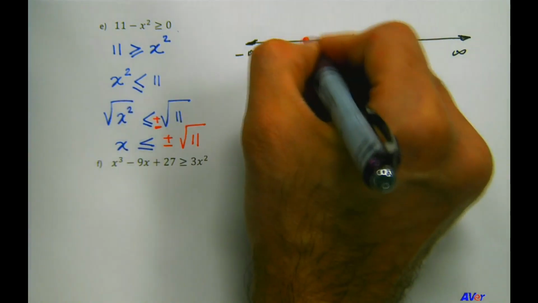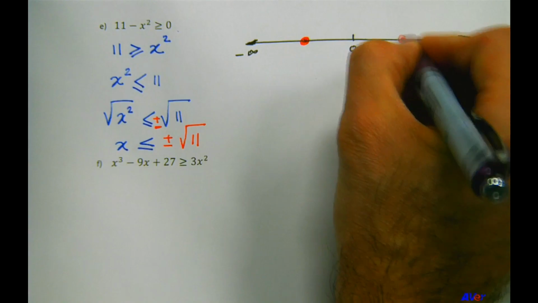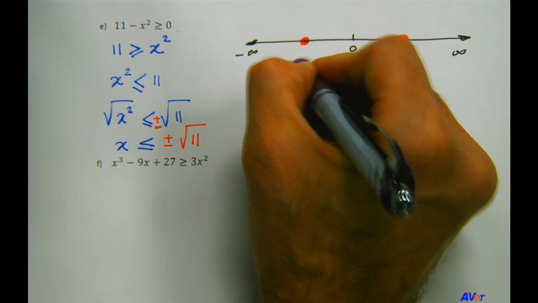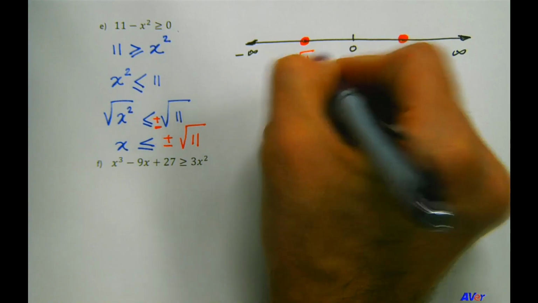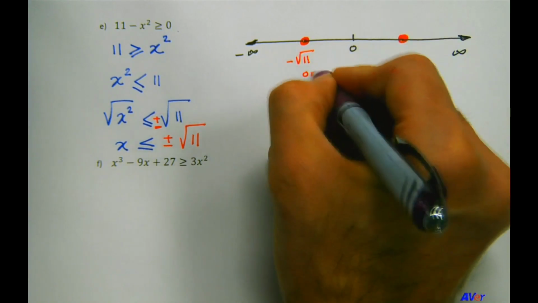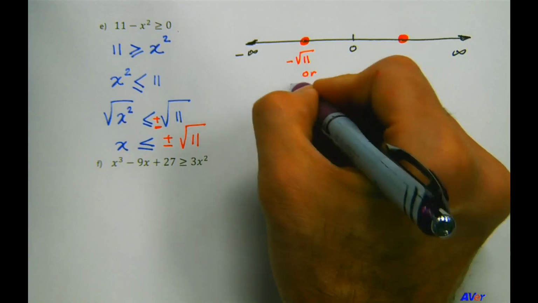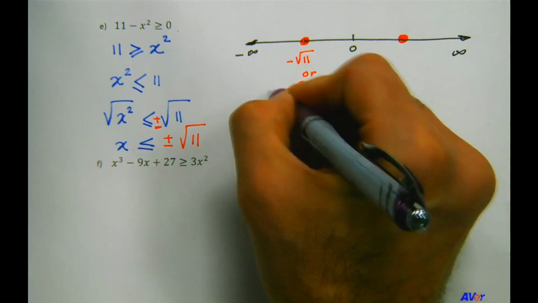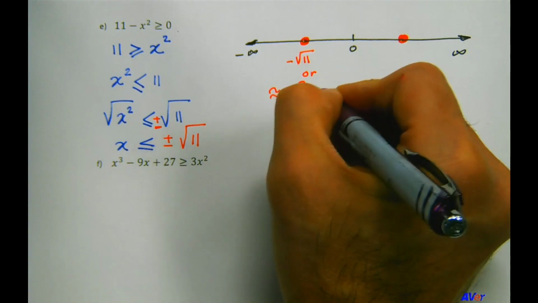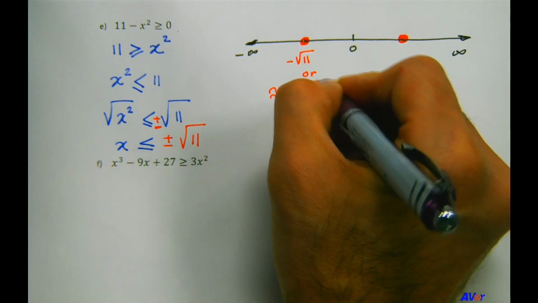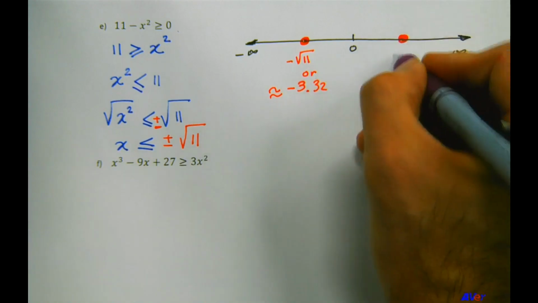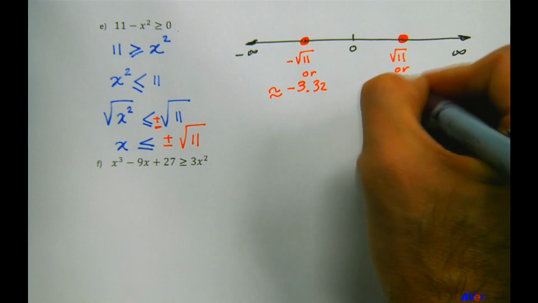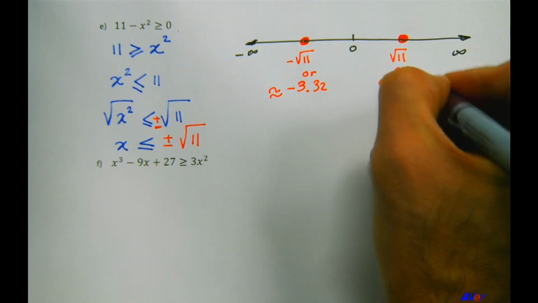So we can put a filled in circle here and a filled in circle here. This is negative square root of 11, or just like what we calculated, almost negative 3.32. This one would be positive square root of 11, or almost 3.32.